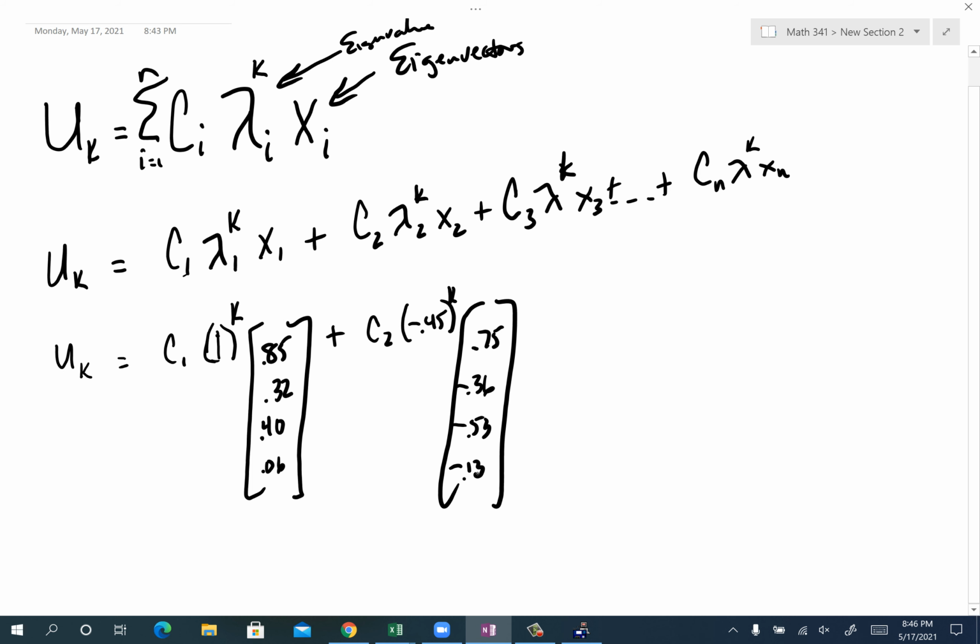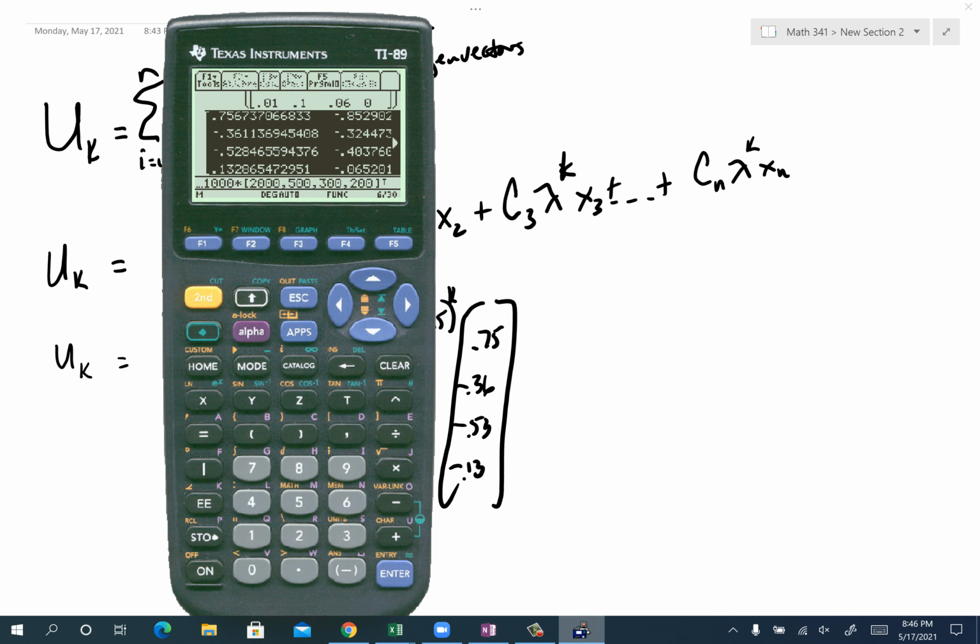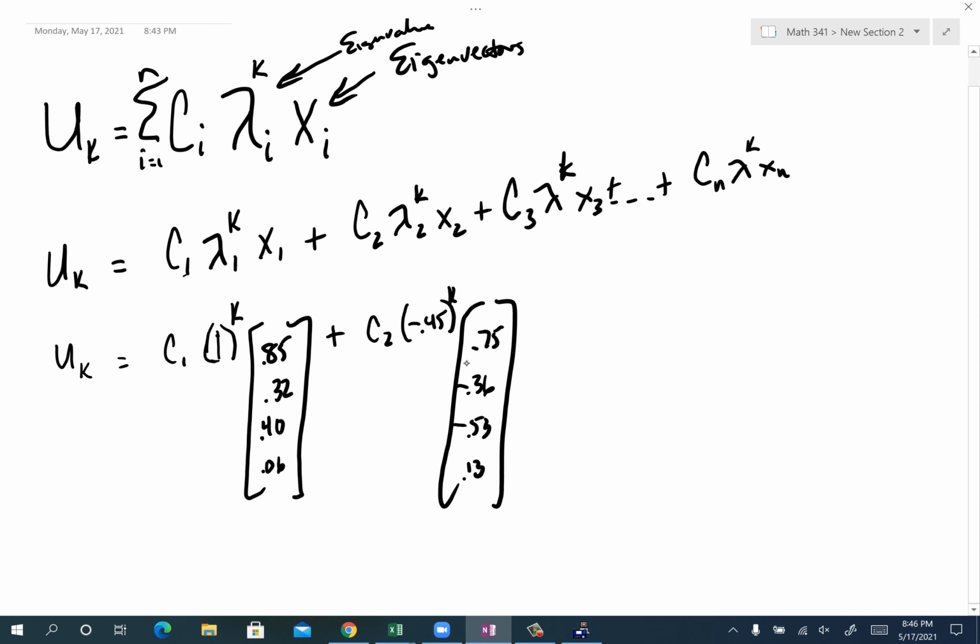I think that's what that says. Let's go look again. Oh, the bottom was positive. Sorry. There we go. Let's fix that. Plus c3. Next one over is negative 0.06, I think, to the k.